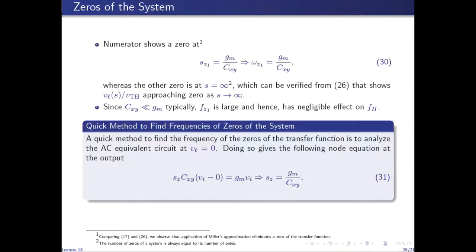But in the exact expression, one of the zeros is still at finite frequency. So whenever we use Miller's approximation, one should keep in mind that it may eliminate one or more of the zeros of the transfer function of the circuit.